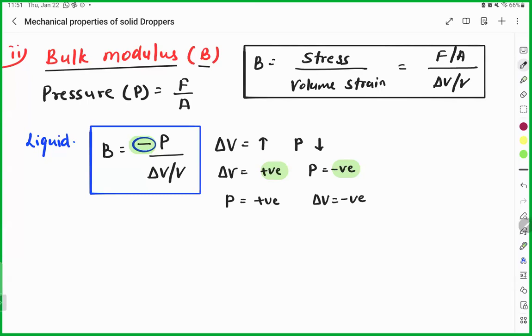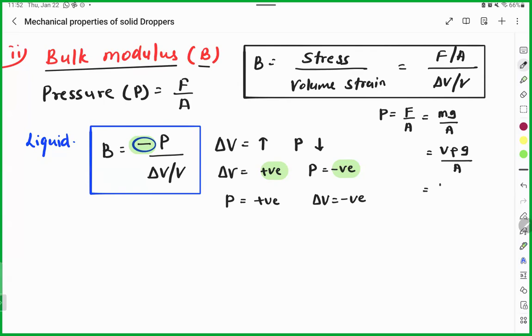Many a time, like we'll discuss in the other chapter also, pressure is equal to force upon area. Force is equal to mg by area, correct? And mass will be equal to volume into density, g upon area.